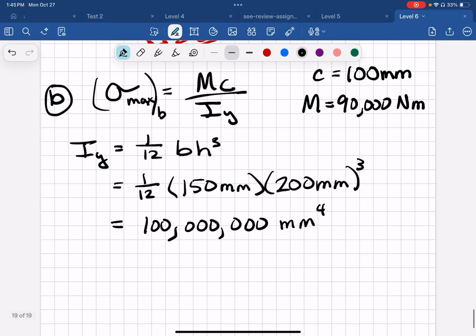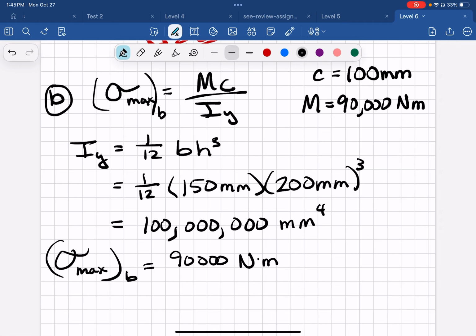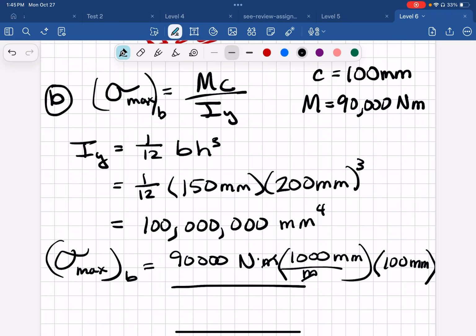And so now we can calculate that stress max for B. It equals 90,000 Newton meters. Let me get rid of those meters. Change it to millimeters. Times c, 100 millimeters, divided by Iy, which is 100 million.